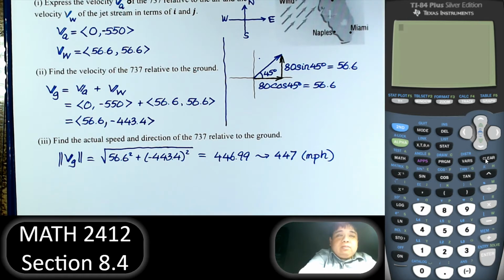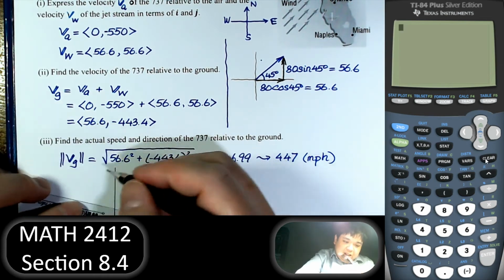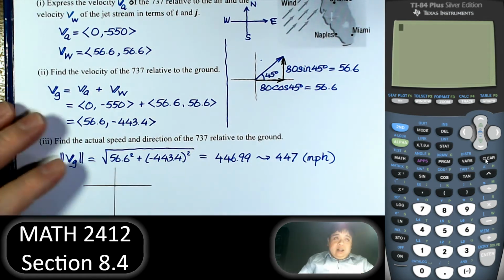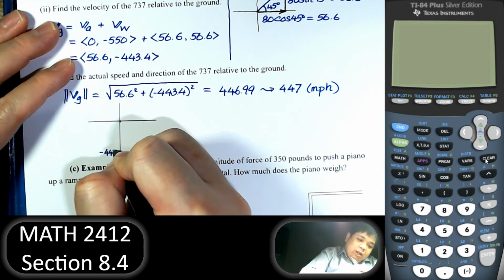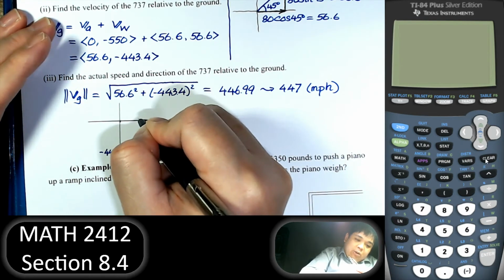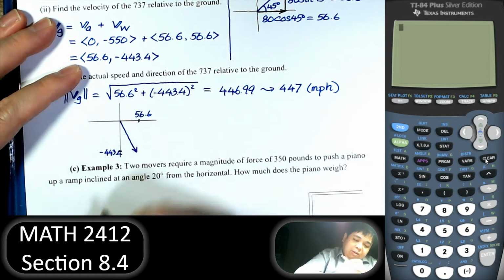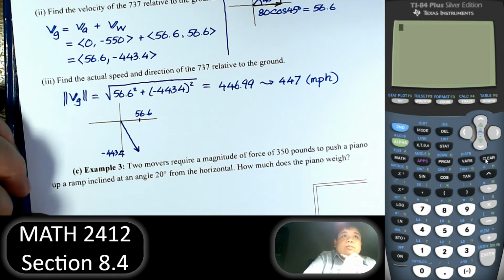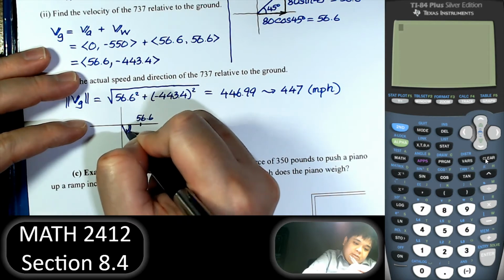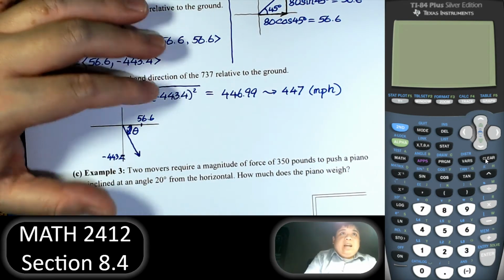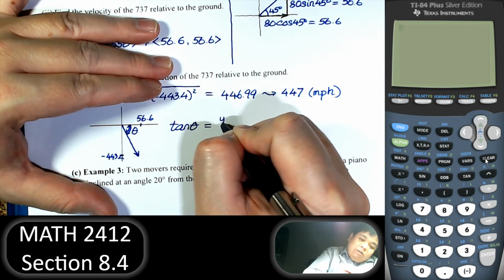And the direction, well, how do we write the direction? The vector goes down negative 443.4 and goes right 56.6, so what is the angle of that vector? Remember from the previous section, tangent is equal to y over x.